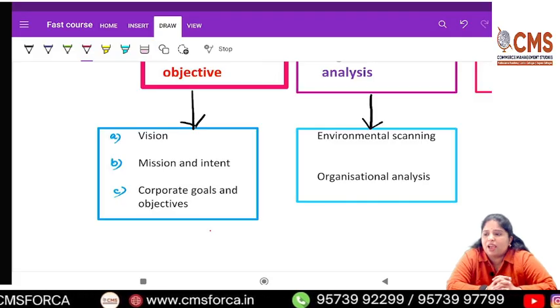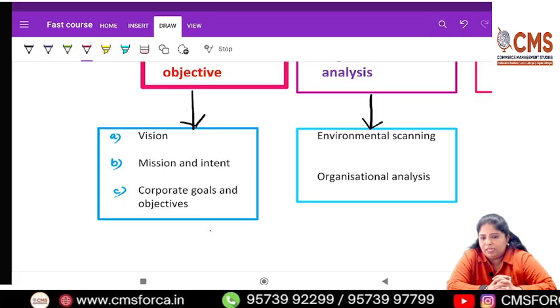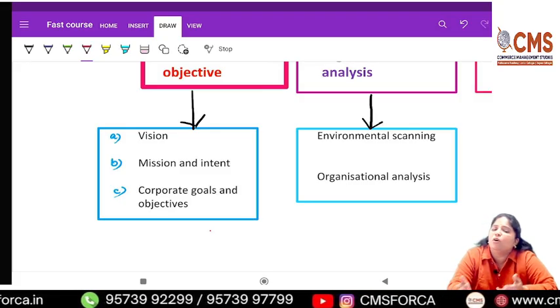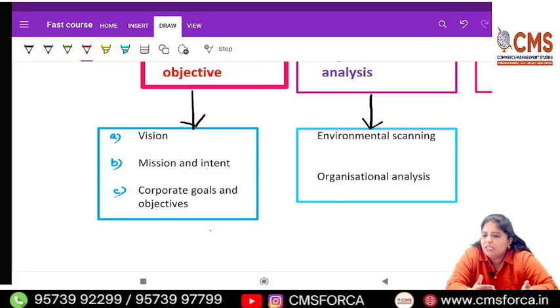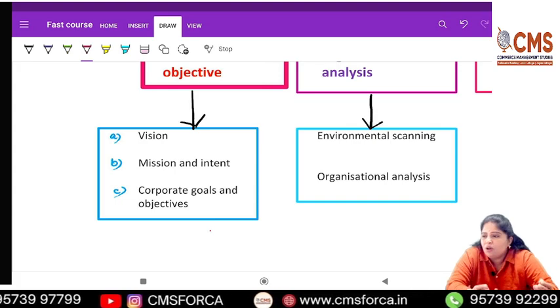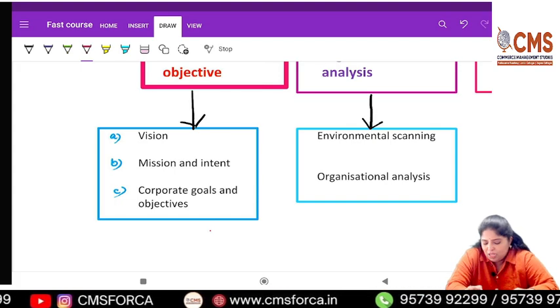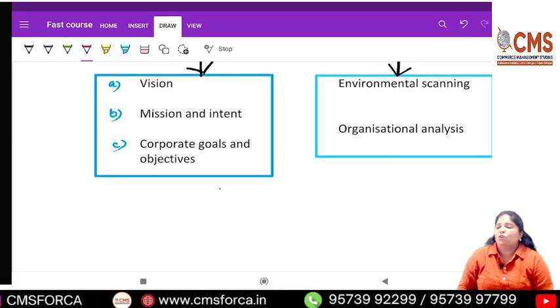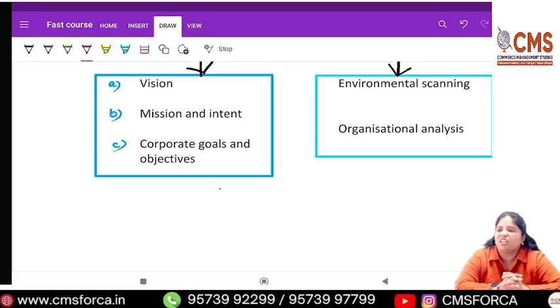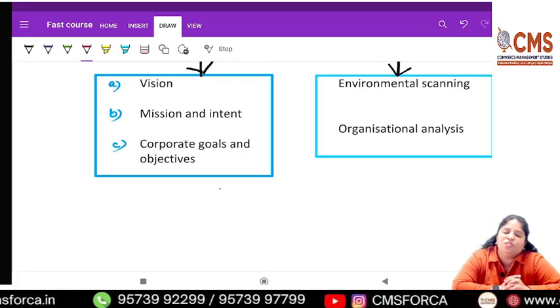What business they are in, what they do currently, and why they exist in society, how much their contribution is to society. And yesterday we discussed that mission always gives identity to the organization. And finally, let's talk about corporate goals and objectives. Quickly, can we revise what are the characteristics of ideal objectives?